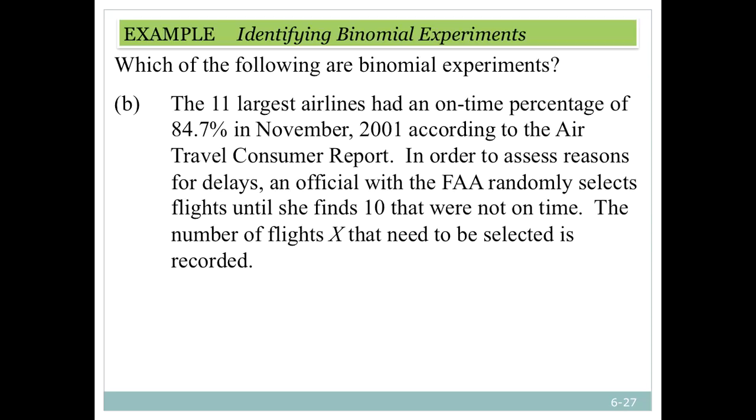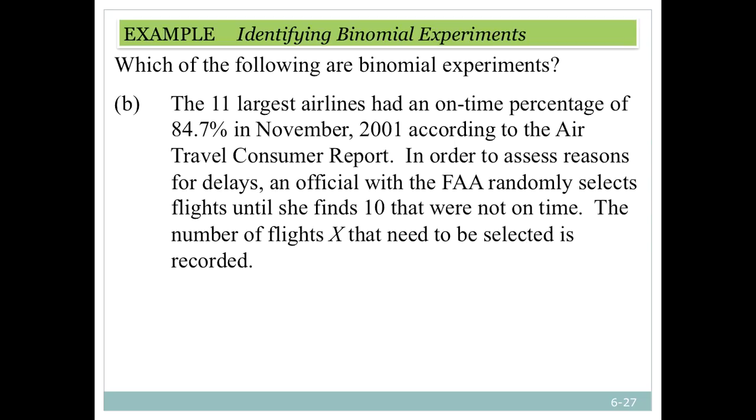Let's take a look at this one here. It says the 11 largest airlines had an on-time percentage of 84.7% in November of 2001. In order to assess reasons for delays, an official with the FAA randomly selects flights until she finds 10 that were not on time. And then the number of flights that needed to be selected is recorded.